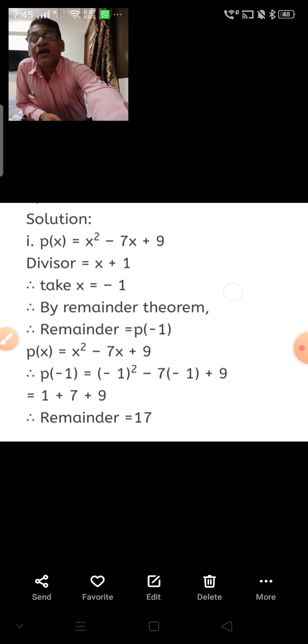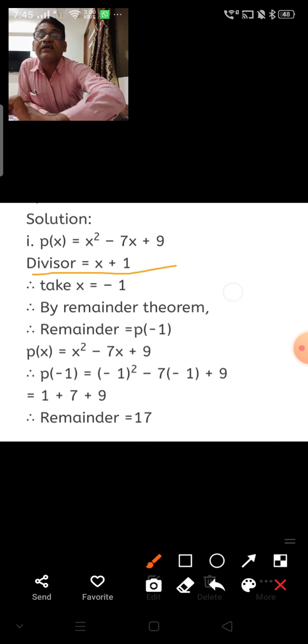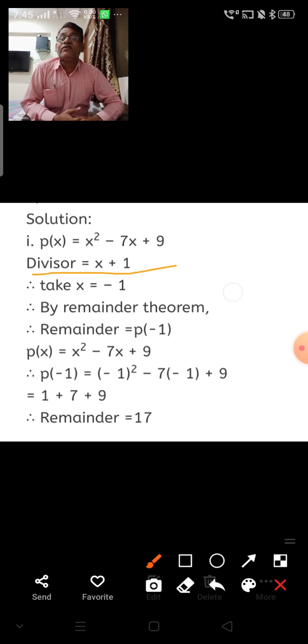Now x plus 1 means when you take x is equal to minus 1. When there is a plus 1, you have to take a minus 1. By the remainder theorem, the remainder is p of minus 1.